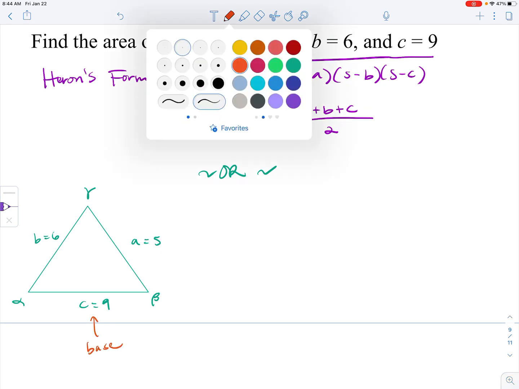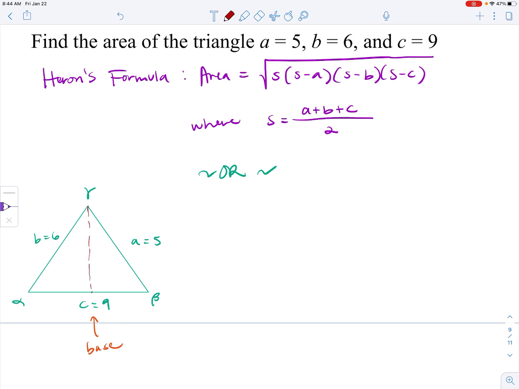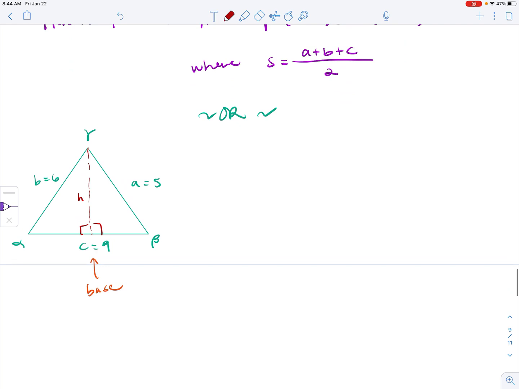Okay, so I'm going to treat side C as the base, meaning this line right here would represent the height, okay? And that creates two right triangles. So we would need one of the angles, so either alpha or beta, in order to determine what the height is. And it doesn't matter. I'm gonna find angle beta.